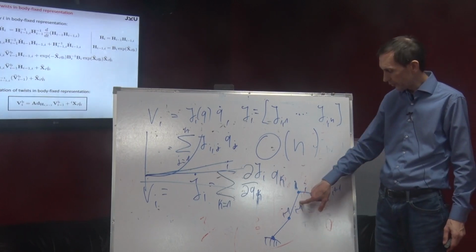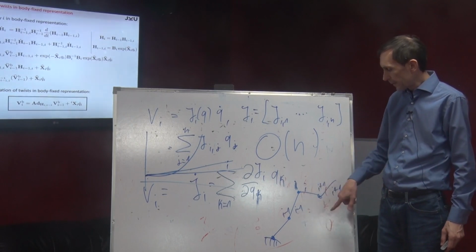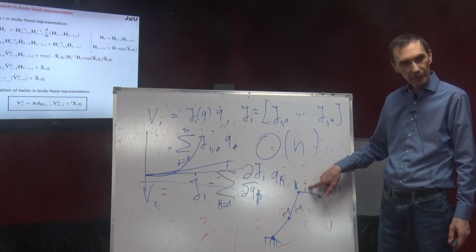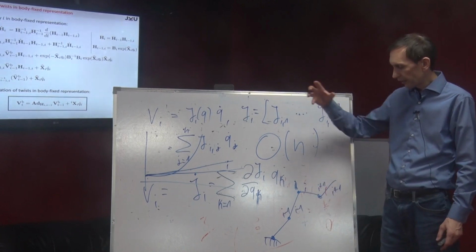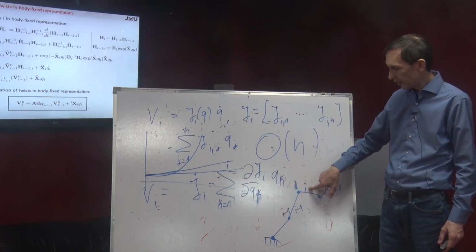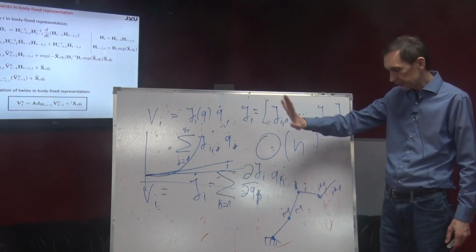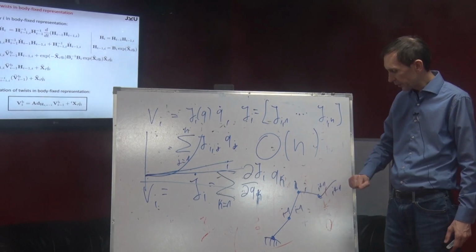I transform this twist from I minus 1 to body I, and then I have at least the twist of body I due to the motion of all the predecessors. I have not yet included the joint motion, but that comes later on.